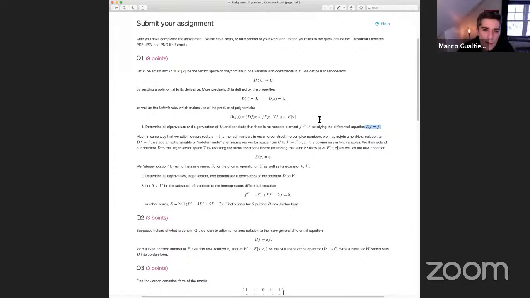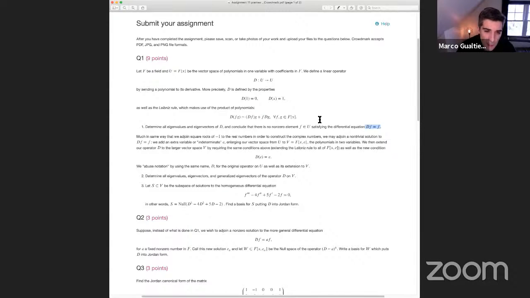So 0 is a solution to the differential equation because it's a linear differential equation. However, as we know, 0 is not an eigenvector. You know, calling 0 an eigenvector with eigenvalue 0, I mean, what is it really? What if I said that it's eigenvalue 150?